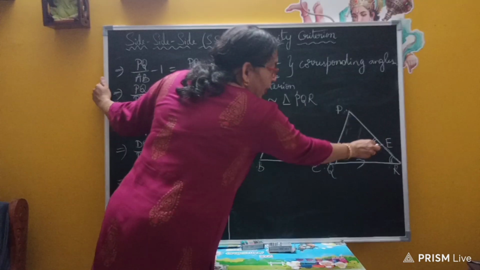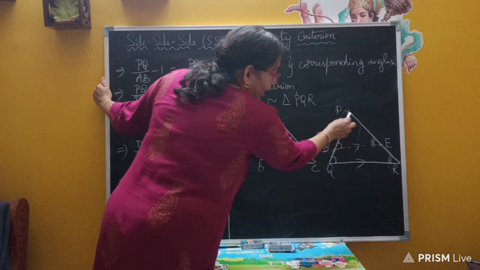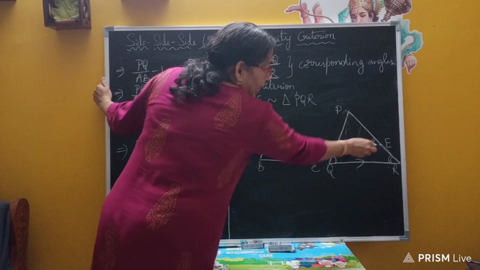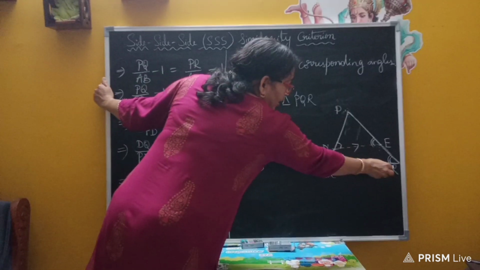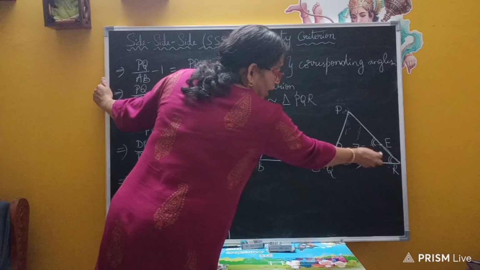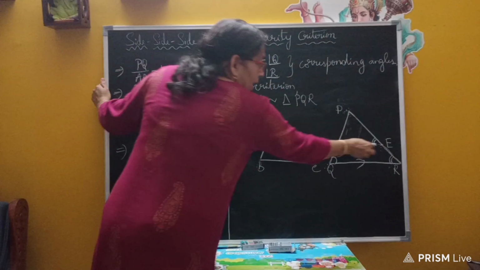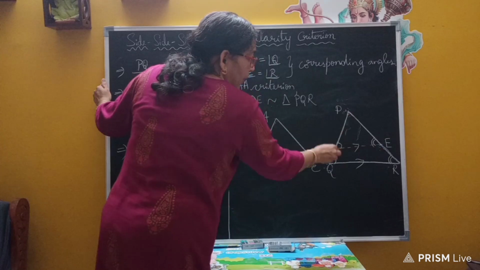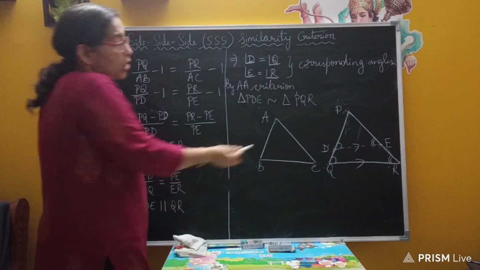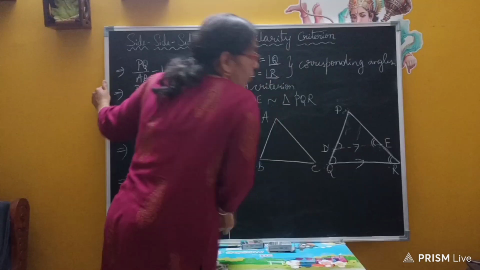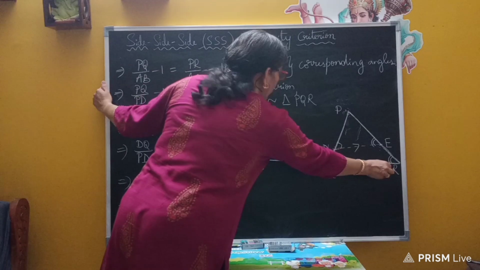Then PE by PR, PE is the side of triangle PDE and PR is the corresponding side of triangle PQR. And DE is the side of triangle PDE and QR is the corresponding side of triangle PQR.